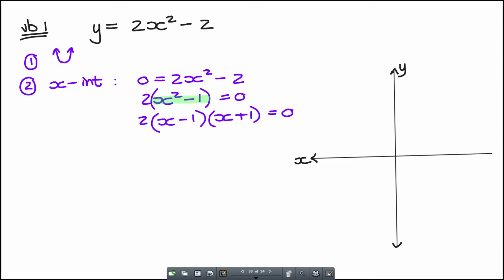Is julle okay? Dan, that bracket is difference in two squares. Sien julle as ek hom gaan faktoriseer? Dan raak dit x minus 1, x plus 1. Everyone good? Okay, nou. As ek jou gesê het los op vir x, wat het jy dan gedoen? You made each one of these brackets equal to 0.